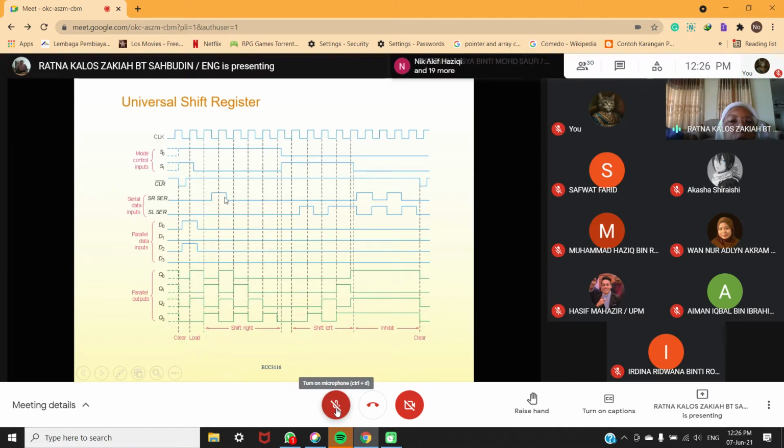This one says if you use here serial shift right serial, when you have data here, it goes to the Q, not here. If we use this one, okay, it goes straight to Q3. As shift left, serial, then it goes to Q3.